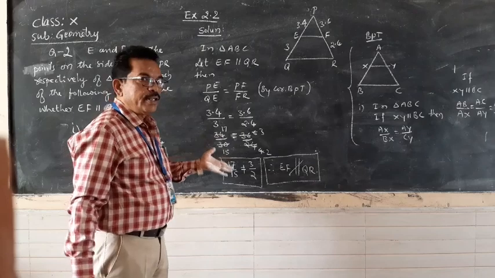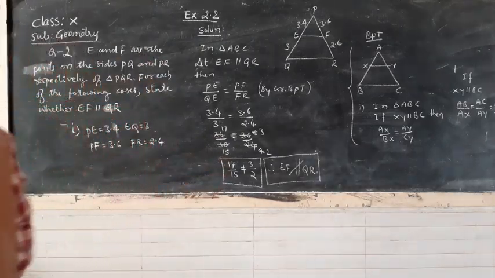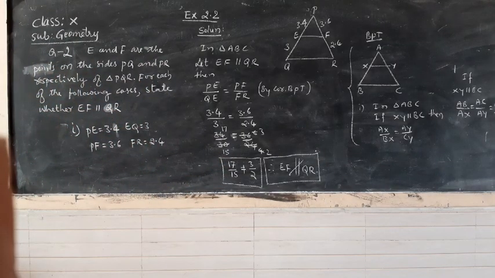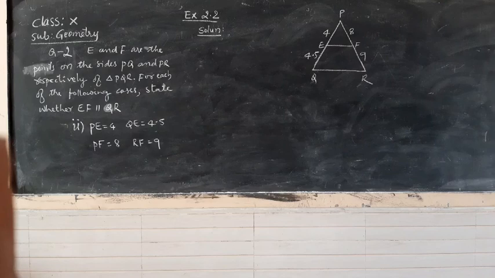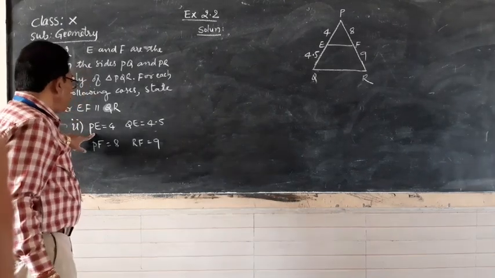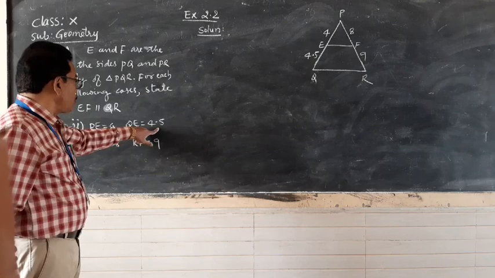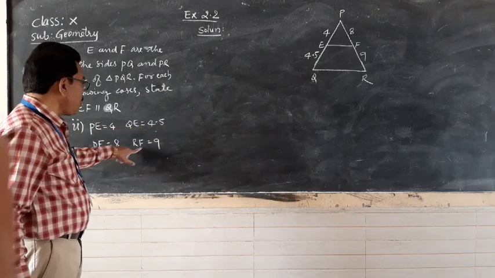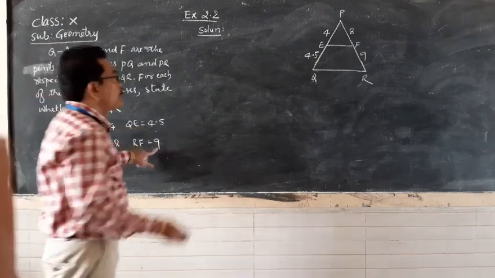Okay. See the second one, PE equals 4, QE equals 4.5, PF equals 8, RF equals 9. Okay.